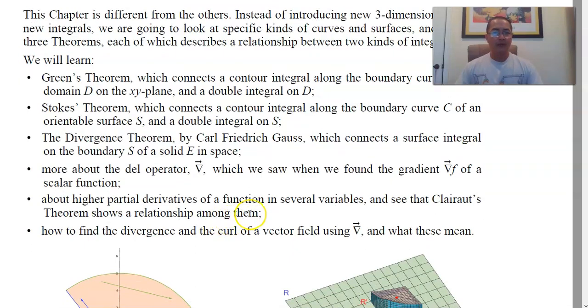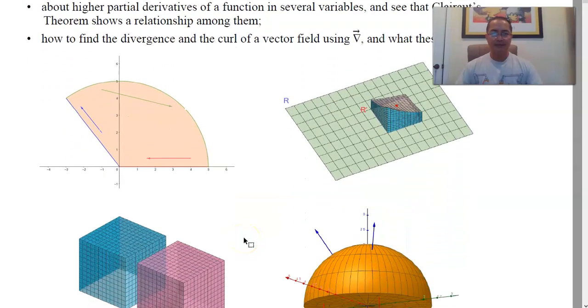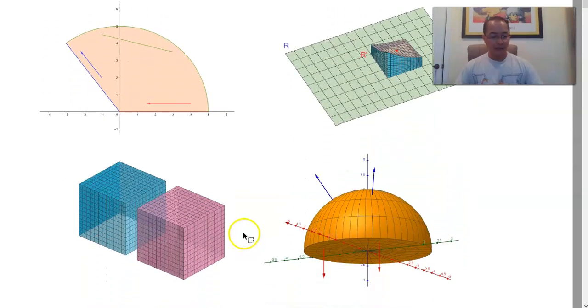We're going to see more about partial derivatives. We're going to take second order partial derivatives. Kind of like in basic calculus, where we take the second derivative of an ordinary function to get the acceleration. So this operator we're going to apply to vector fields to get what are called the divergence and the curl of that vector field. There are some interesting diagrams that we're going to see later on in this chapter.